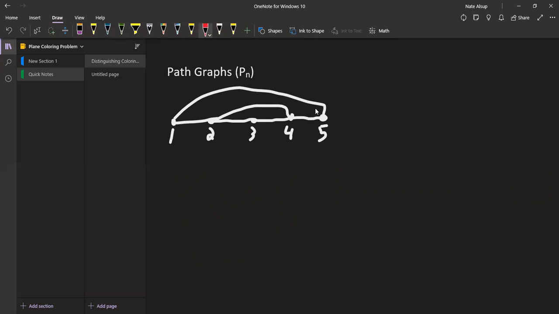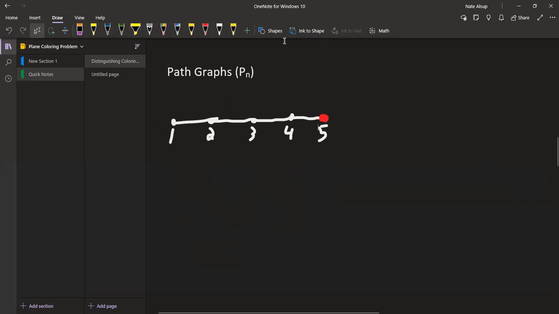So let's make this one red. And that right away breaks all of these. Group automorphism will make it so that these colors stay the same.